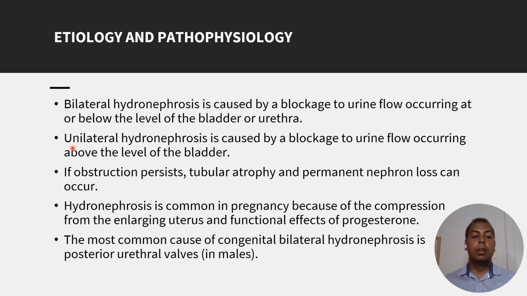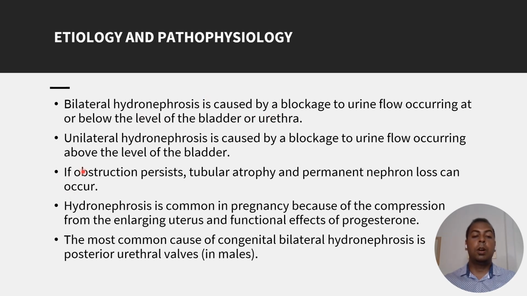Hydronephrosis in general could compromise kidney function. For example, if only one kidney is compromised, we have the normal kidney to compensate for renal function. But if we have bilateral hydronephrosis, then both kidneys are compromised, so that's going to impair total kidney function for the patient.